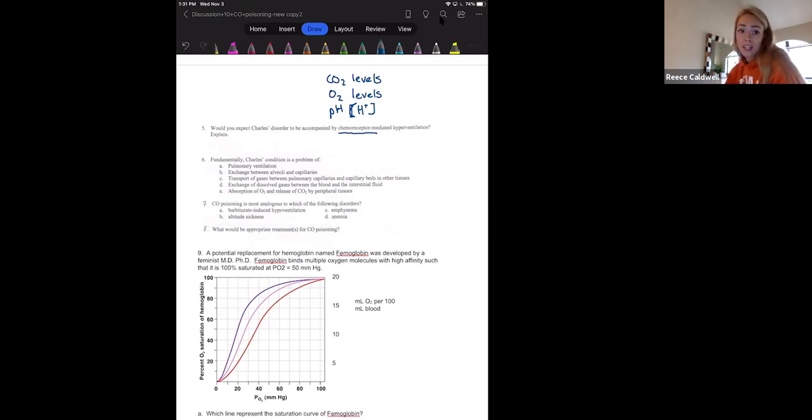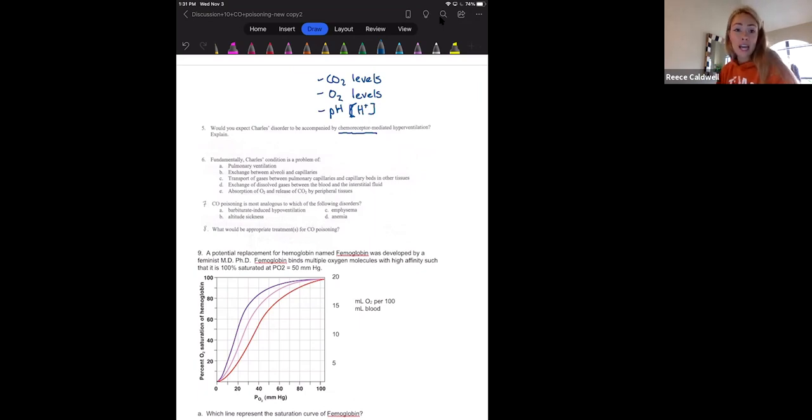It's bad for the body. Our body was not built to withstand carbon monoxide. So once those chemoreceptors pick up any abnormalities in these three things, increased carbon dioxide or decreased oxygen or decreased pH, it would normally cause us to hyperventilate.